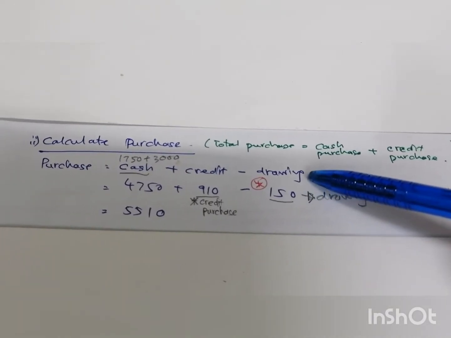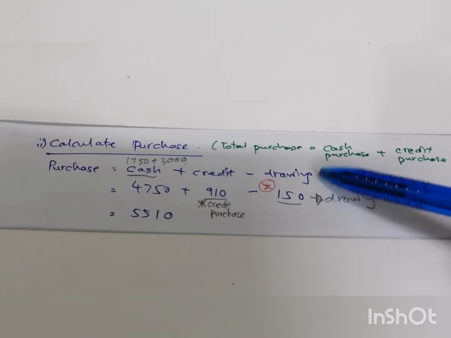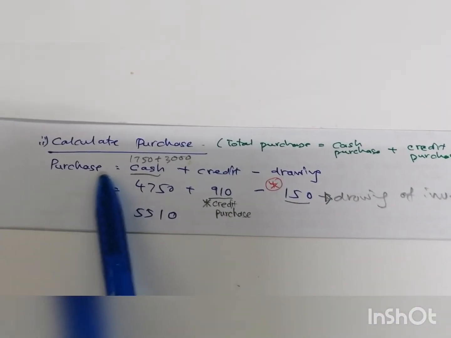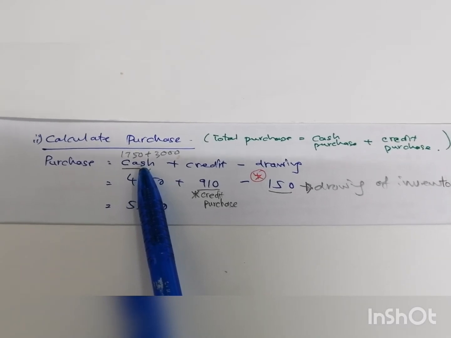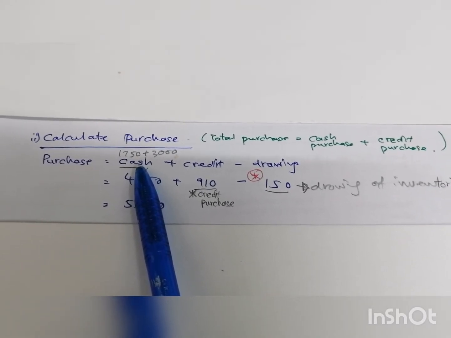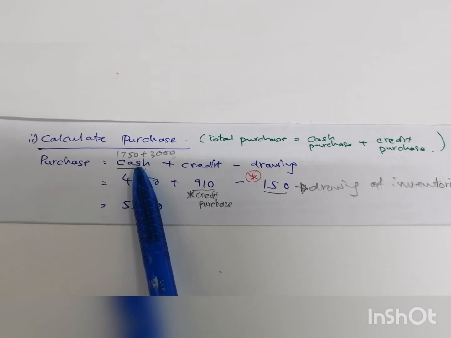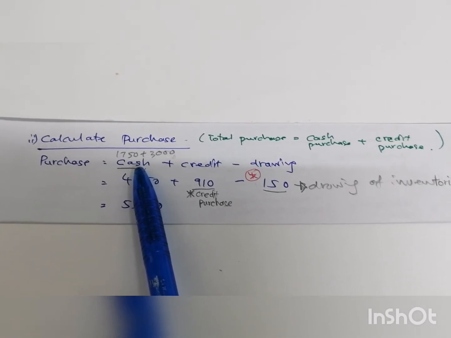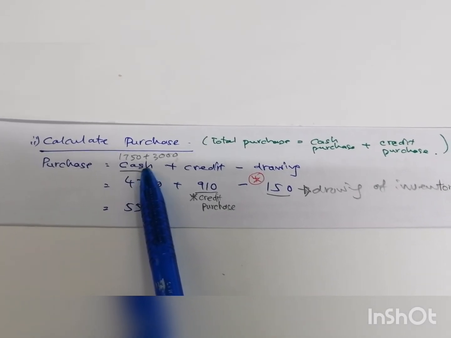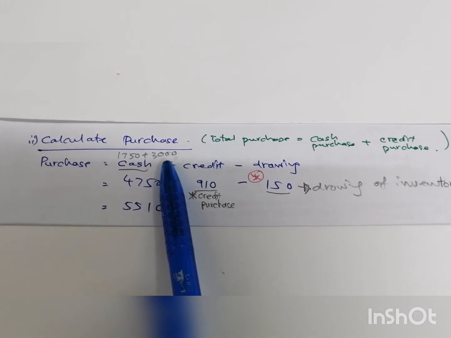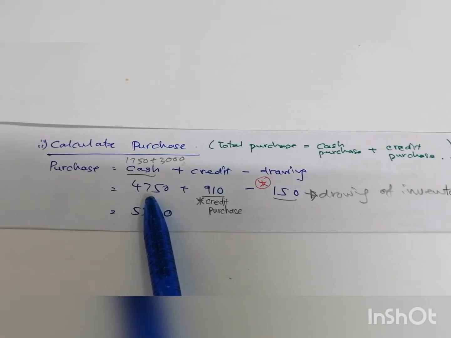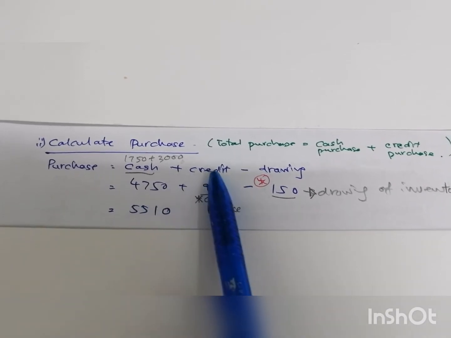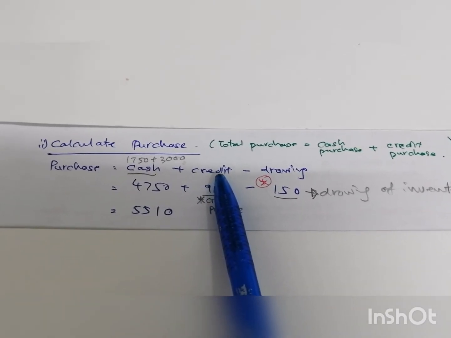As you see here, the total purchase equal to the cash purchase. Cash purchase is given in the cash book record, which is 1,750 plus by bank 3,000, so together is 4,750, and plus credit purchase.